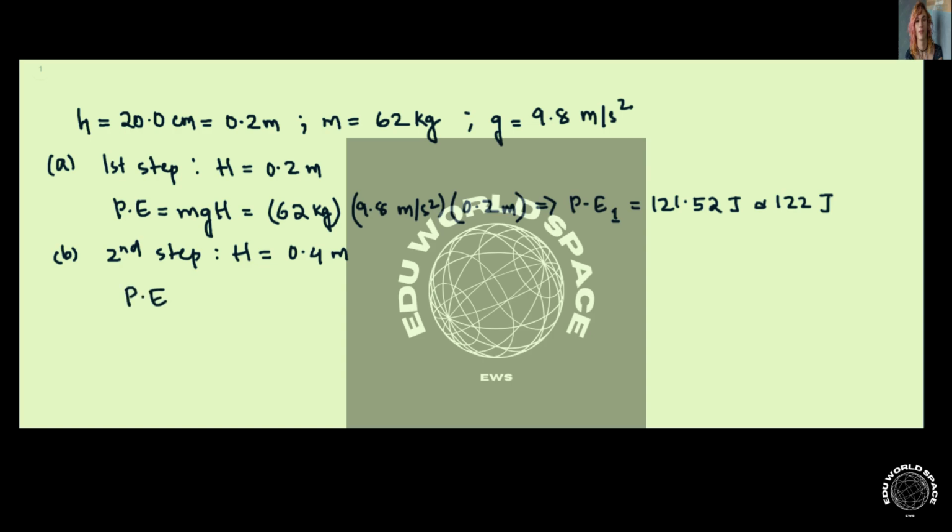So the potential energy on step 2 will be m times g times twice of small h, which is m times g times 0.4 meter, and this gives the potential energy on the second step to be around 243 joules.